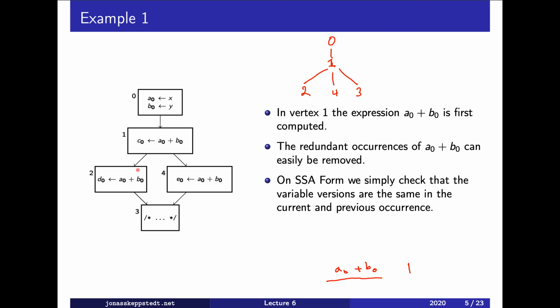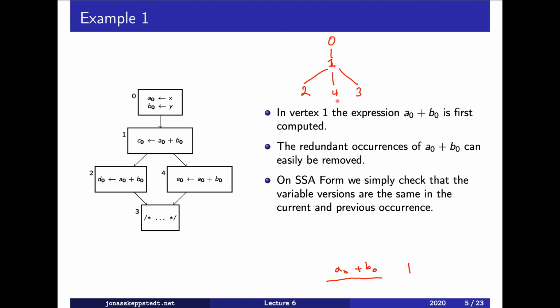So we must be able to search this stack and look at each hash table in sequence. Okay, so we start looking in its own hash table. There is nothing, so we look at the next and we come to this expression, and then we can replace this instruction with something which uses C0 instead.